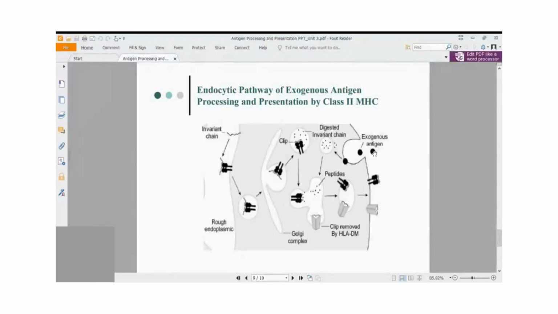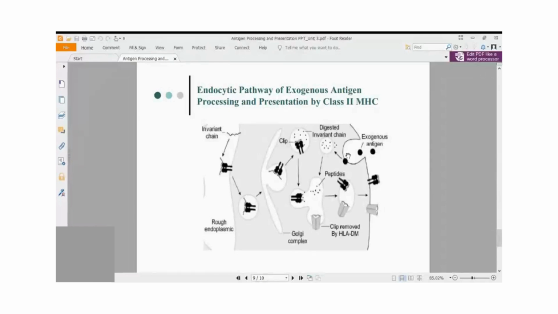Those receptors will bind to that molecular antigen. If it is receptor mediated intake, it is called endocytosis. If it is solid particle intake, it is called phagocytosis. If it is soluble liquid material, then it is pinocytosis.